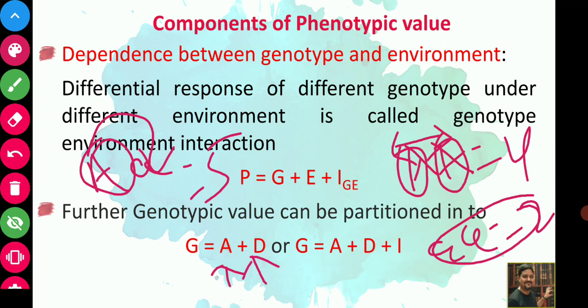This is very important for breeding purposes. Why? Because additive genetic value is getting transmitted to the next generation. Even at the time of segregation, if these two alleles get separated, the value of these two alleles will not change.